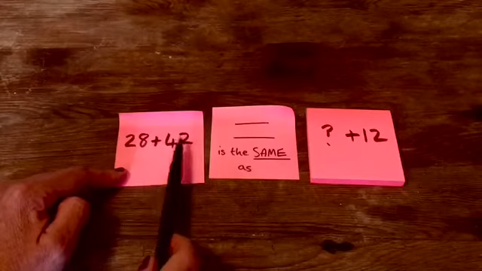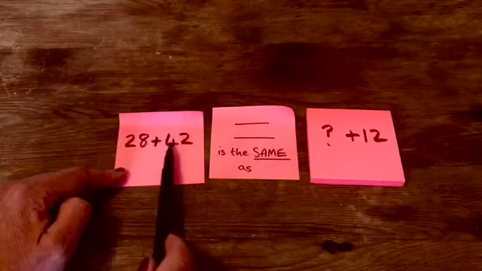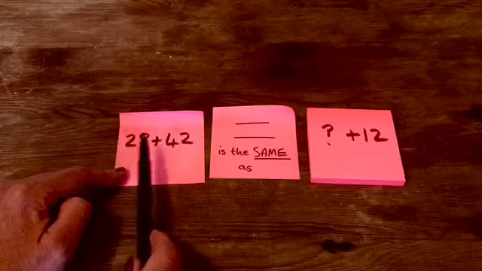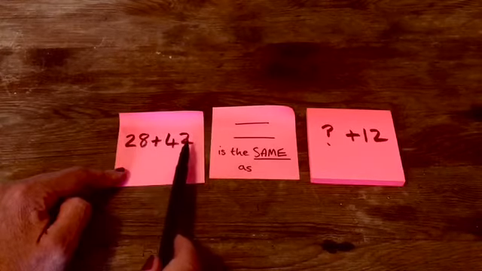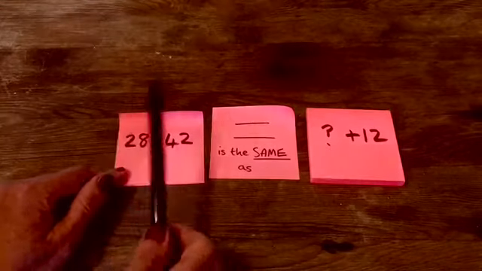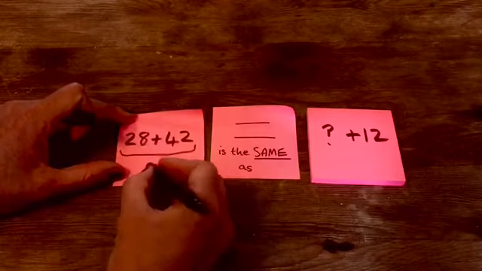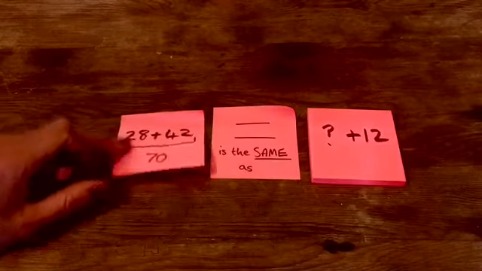So here we've got 2 1s and 8 1s, that's 10 1s altogether, so that's a 10, 4 more 10s and 2 more 10s. So the 1s make a 10, plus 4 10s, that's 5 10s, and 2 more 10s, that's 7 10s. So this side is worth 70.